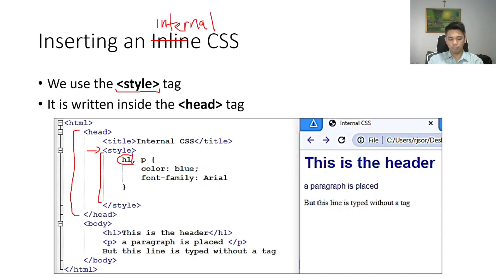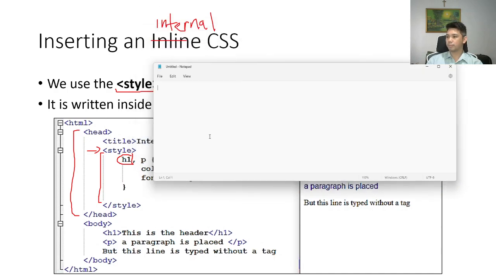Remember, we can set a selector, and then inside the selector, we will write the property. Let's say color, and then blue. Again, this means any instance of H1 will have the color blue.